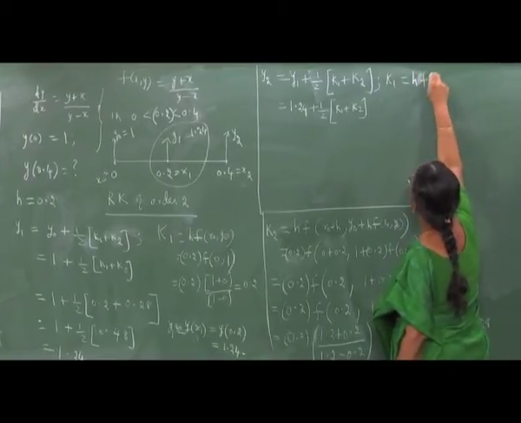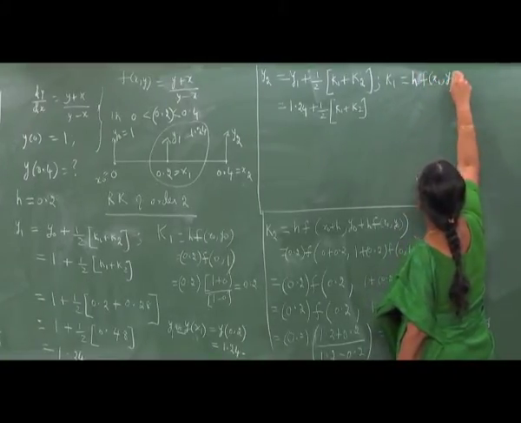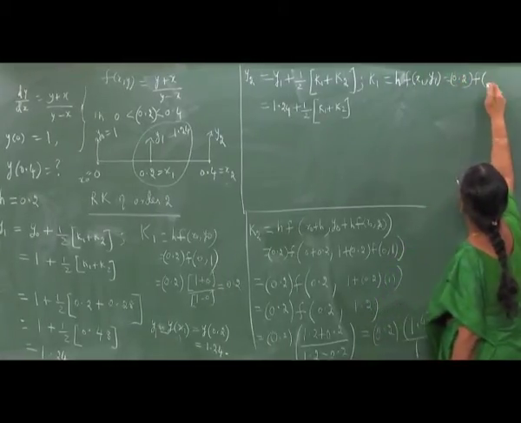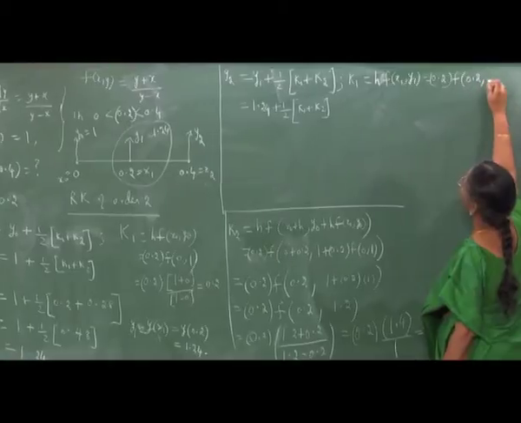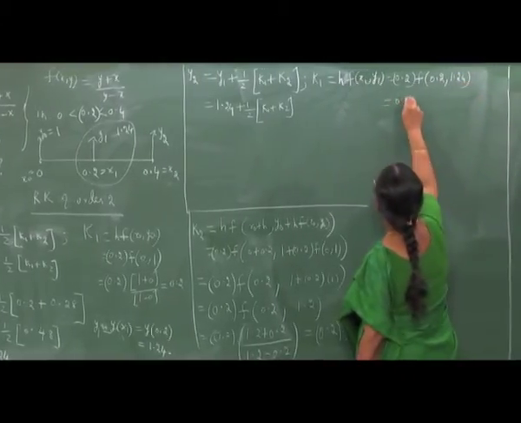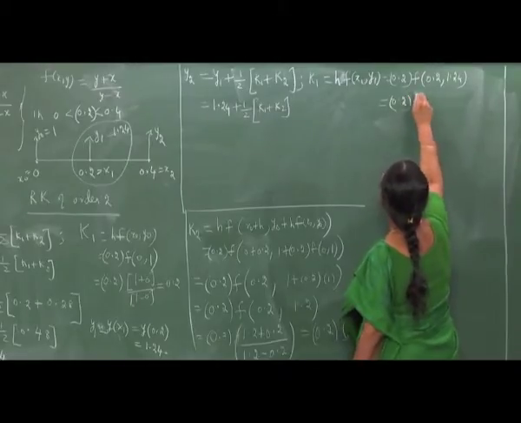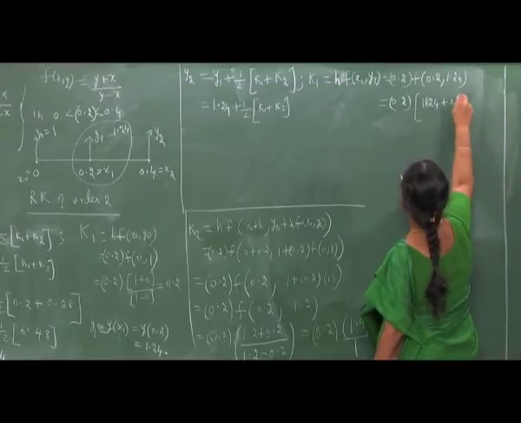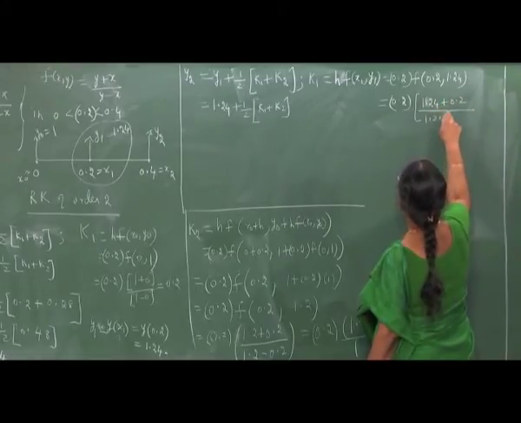K1 will be h into f of x1 y1. So, 0.2 times f of x1 is 0.2, y1 is 1.24, and f of x comma y is y plus x divided by y minus x.